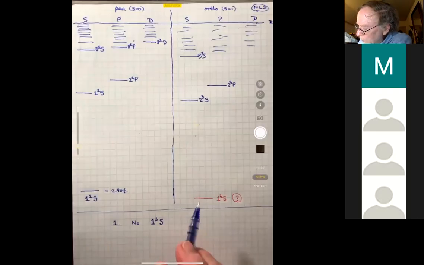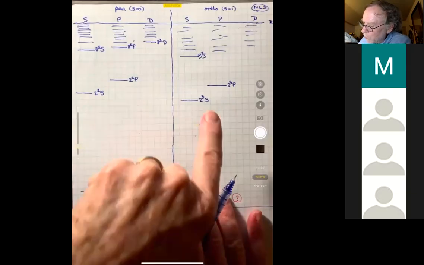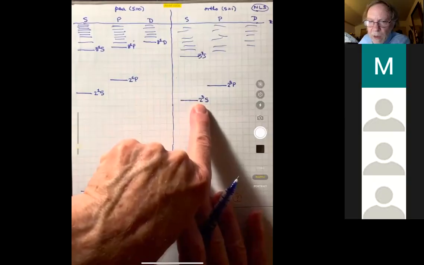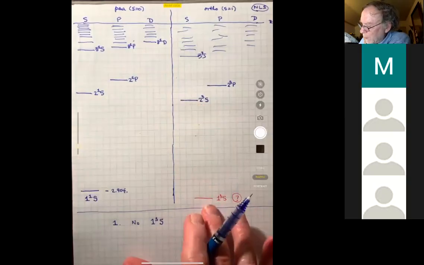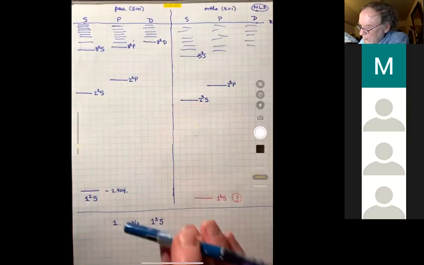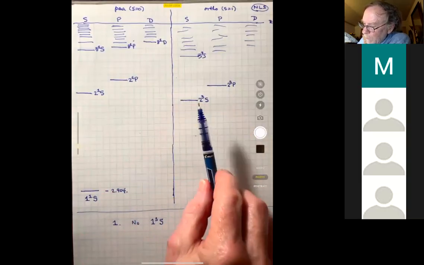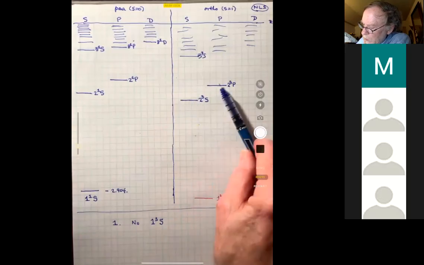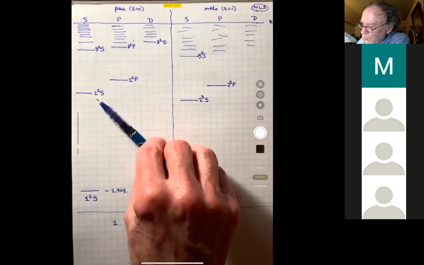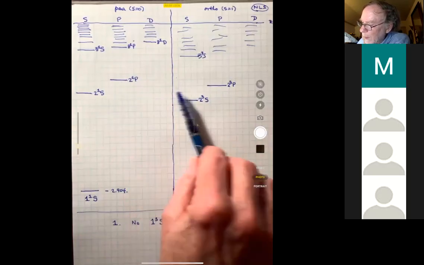You might object to this. You might say, oh, this was just your numbering convention. Instead of starting with 2, why didn't I start that with 1? And that would be a 1 triplet S, right? The reason I don't number this with a 1 is because it's clear and confirmed by theory that these two n equals 2 levels, this S and P on one side and the S and the P on the other side, are related to each other.